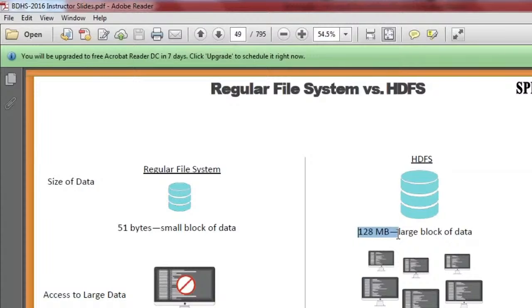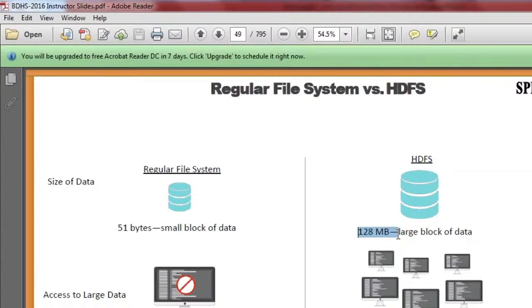But still the underlying file system is the regular file system only. Yes, the underlying file system is the OS file system. That is correct. But HDFS is a layer on top of that. While you are reading a chunk, you are reading the entire chunk, no matter what.